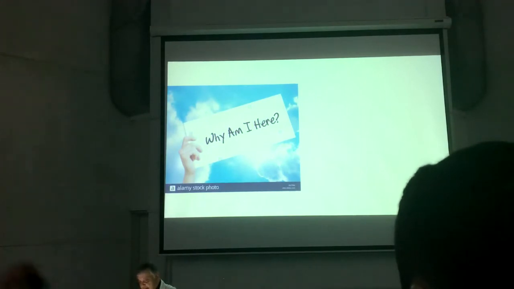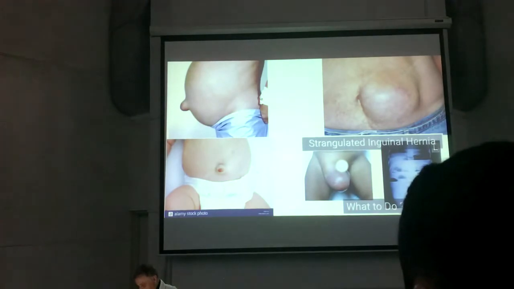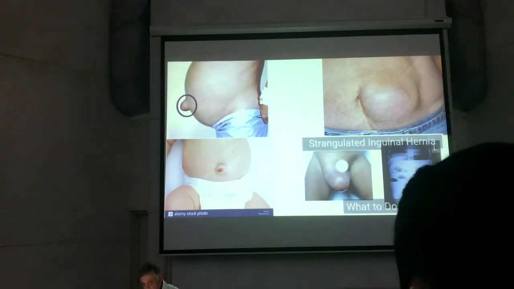So why am I here and why are you here? Because we have problems to solve. We are problem solvers. Here's a patient with a problem of the anterior abdominal wall around the umbilicus. He's not a kid, he is an adult.